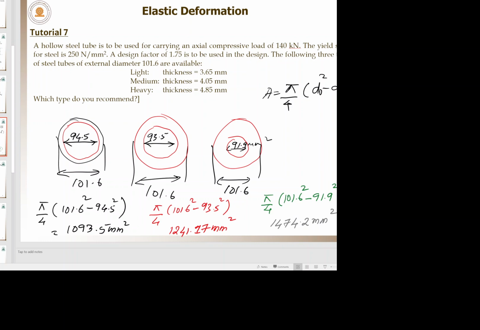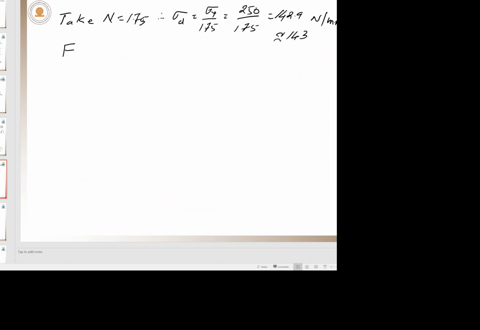I will divide force by area and see if my stress is not crossing 143 megapascal. If it is not crossing, that's okay for me. Why should I go for a heavy tube?